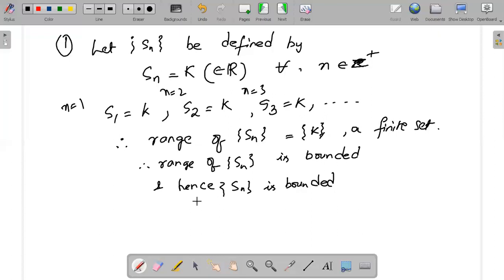Now, since k is finite and constant, we can say that the greatest lower bound, or the infimum, is equal to k, as well as the lower bound is k. So we got the greatest lower bound as well as the lower bound, which is k. Throughout, there is no maximum, no minimum, constant throughout.